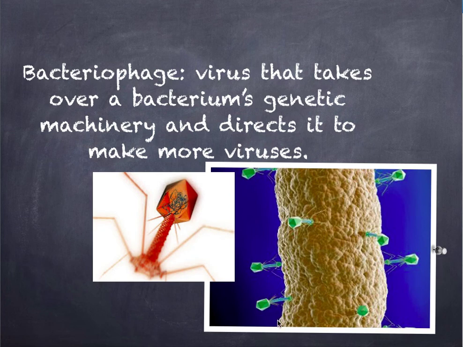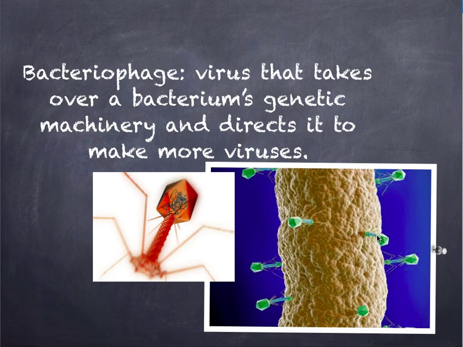Because it is a prokaryote. So this looks like a very large bacteria, but as we know, it's not. We see even smaller viruses attaching to it. These viruses are attaching to it in order to use it as a host and to reproduce these viruses.